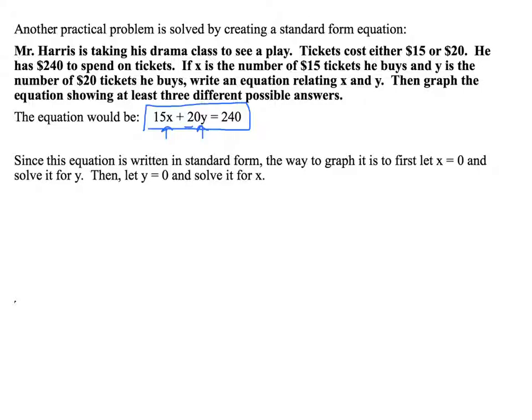Since this equation is written in standard form, the way to graph this is first of all to set up a table of values. Once again, I'm going to set up X and Y, but I'm probably going to say X is the number of $15 tickets, and Y is the number of $20 tickets, just to make sure I have everything down correctly. Then I ask, if X is equal to 0, what is Y?